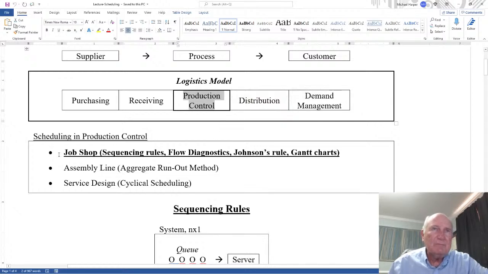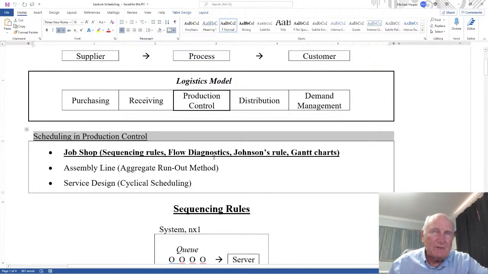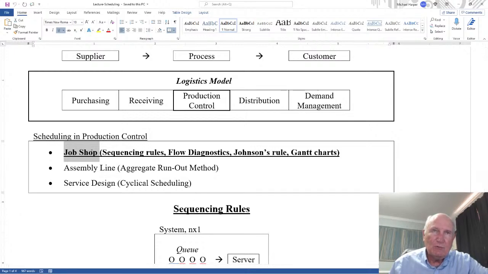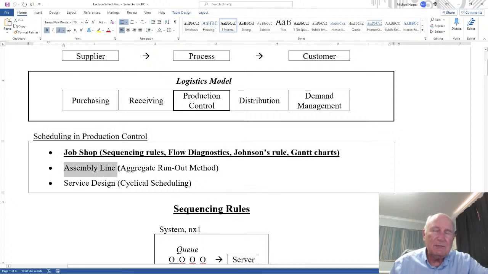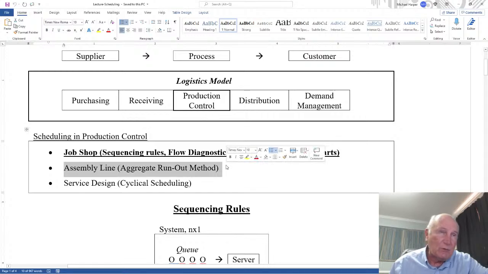This can be broken down into scheduling, movement of things through the job shop, which is a process-focused design, and we'll be looking at sequencing rules, flow diagnostics, Johnson's rule, and Gantt charts in this video. You can also look at assembly line, which would be more of a product-focused design, with the aggregate method being one very useful technique.